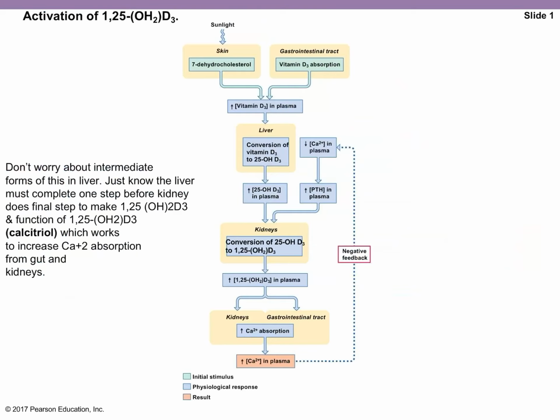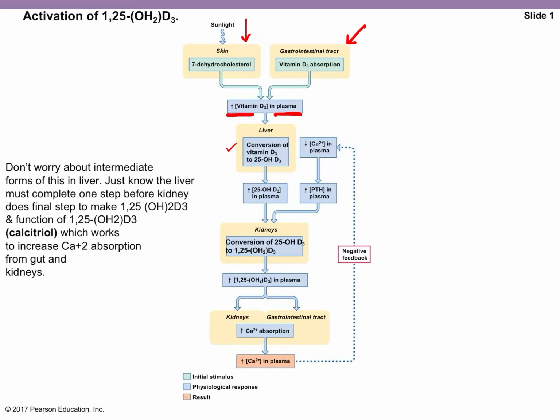I just want to point out that in this flow chart, we can see the GI tract from food, and also if you remember the skin, the skin also can create this precursor of D3. So that is going to create this upper concentration of D3. This is then going to take 2 trips. It goes to the liver to convert it to another form. Don't need to worry about that form.